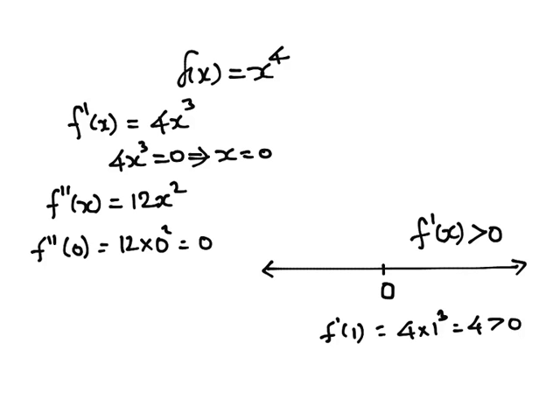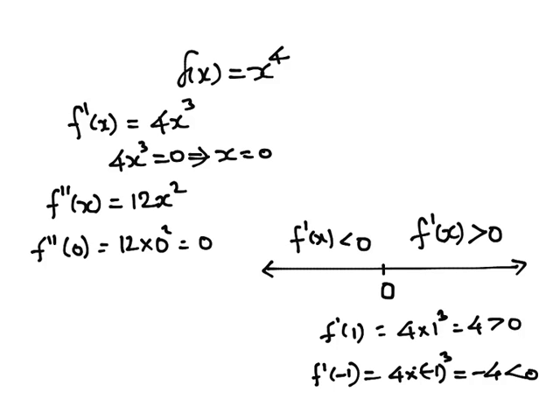Now let me take a value less than 0. Let me take, let's say, minus 1 and substitute in the first derivative. So f dash of minus 1 is 4 into minus 1 the whole cube, which is minus 4, which is negative. So f dash of x is negative. Now as you can see, before 0 f dash of x is negative, which means f of x is decreasing, and after 0 f dash of x is positive, means f of x is increasing.